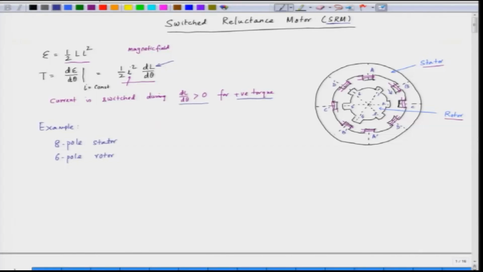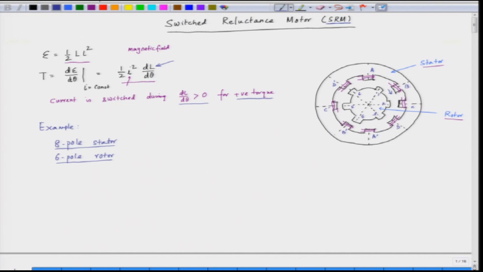Now, we will take an example of a 6 pole rotor and 8 pole stator switched reluctance motor. This is also known as SRM. In brief, we can also call this SRM. In this case we have an 8 pole stator and a 6 pole rotor, and the stator carries windings, the rotor does not have any winding.